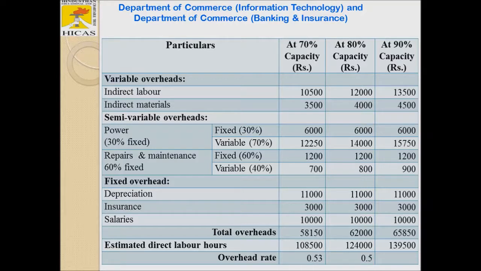And for 90%, 65,850 divided by 1,39,500 results in 0.47, that is 47 paise. So this is how we calculate the overhead rate and flexible budget at different capacity levels or activity levels.